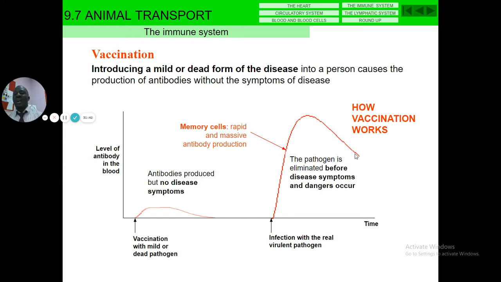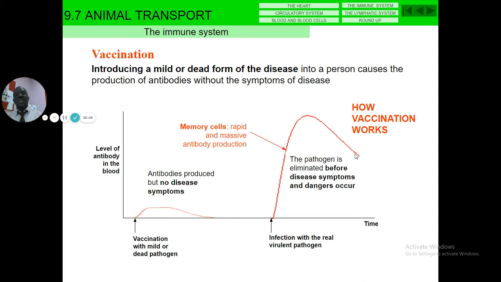The reason why we are vaccinated is that a vaccine contains either a dead pathogen or a mild pathogen, which you call an attenuated pathogen or virus. An attenuated pathogen is when a pathogen is changed from harmful to harmless. And then they inject it into the body.